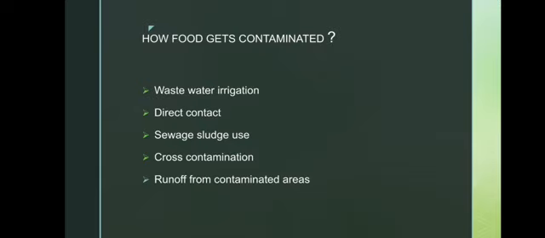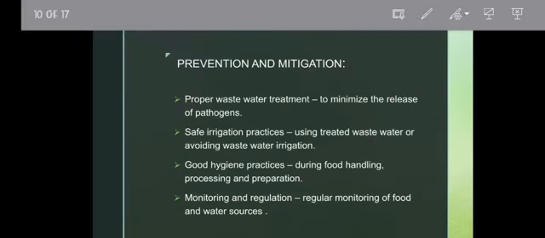Cross contamination is when an infection causing pathogen enters through an employee's carelessness, if he or she doesn't follow personal hygiene and does not wear personal protective equipment. And runoff from contaminated areas: if there is heavy rain, the water may run off from there and enter agricultural lands and contaminate the plants and food materials.